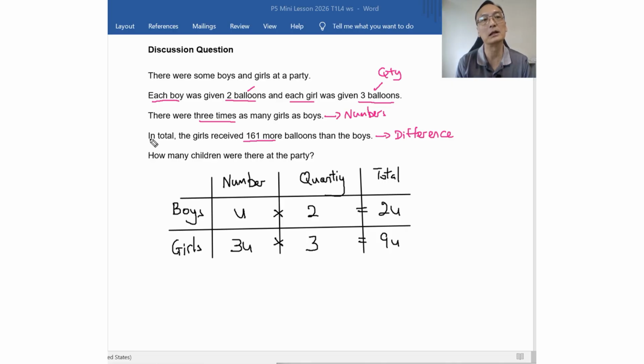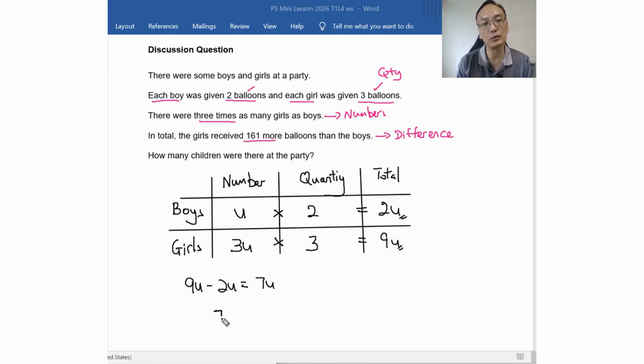We go to this statement here. This statement tells us that the girls receive 161 more balloons than the boys, which is the difference between these two values, right? The 2 units for the boys and the 9 units for the girls. So we do a subtraction. 9 units minus 2 units will give us 7 units.